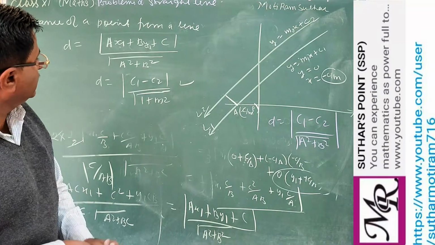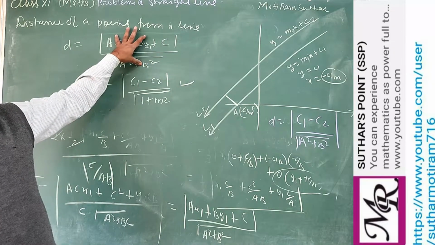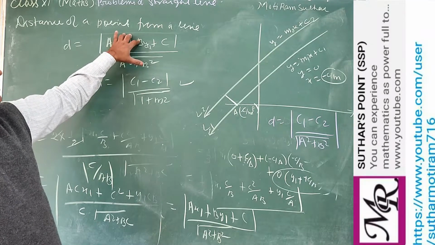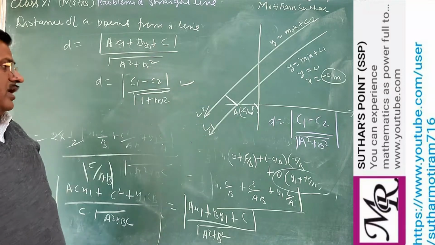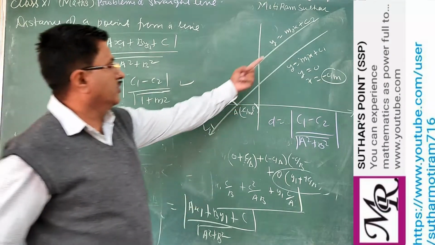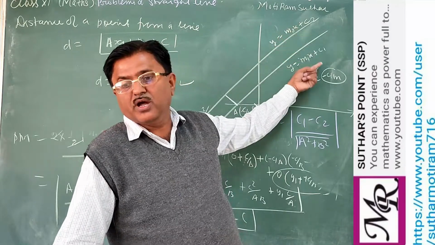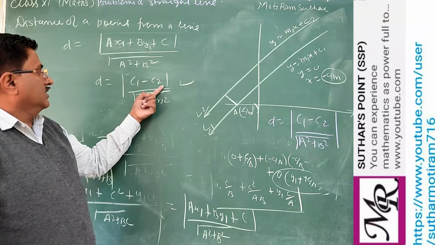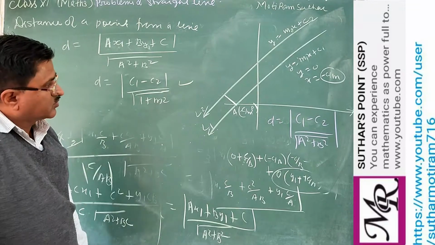So dear student, this is our very important formula. This formula we have to use for lines which are given in general form to find the distance of a point from a line. But when we are given two parallel lines with equations in slope form and someone says find the distance between these two parallel lines, then you have to use this formula, mod of c1 minus c2 upon root of 1 plus m square.